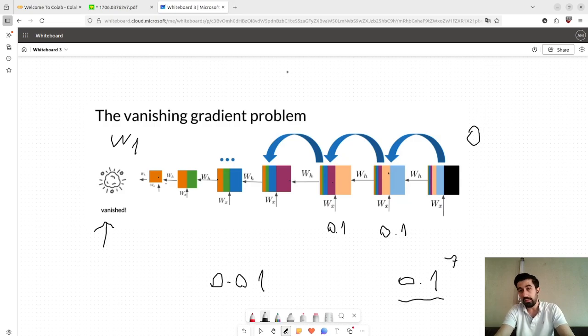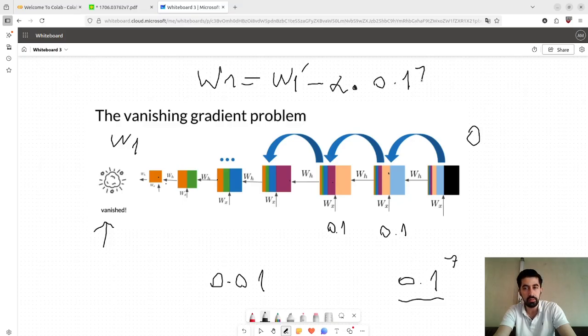Now you want to update W1: W1 new is W1 old minus learning rate multiplied by the gradient. And here you got 0.1 to the power of 7. It's almost W1, so the weight didn't get updated, or rather it only slightly got updated. The network will take a really, really long time to converge.